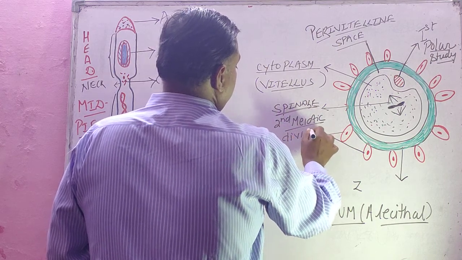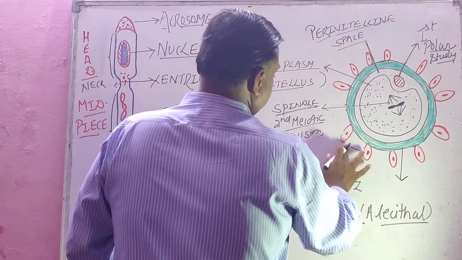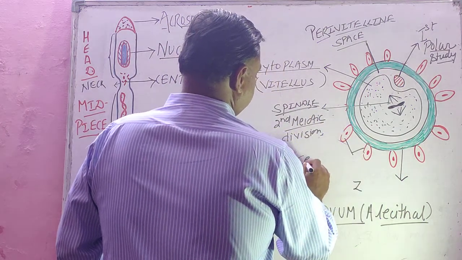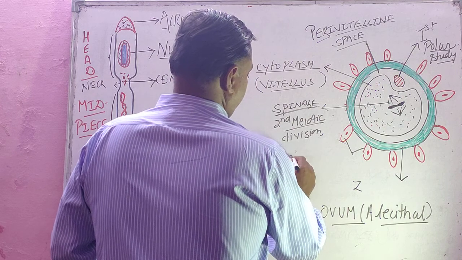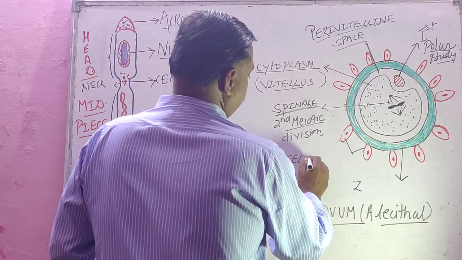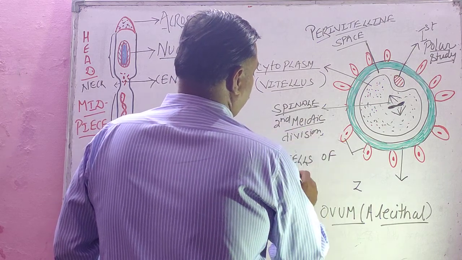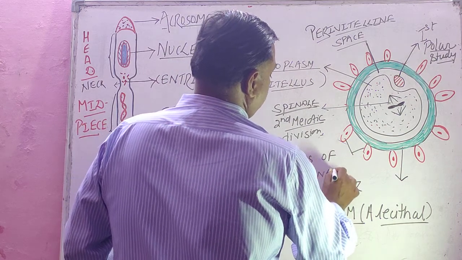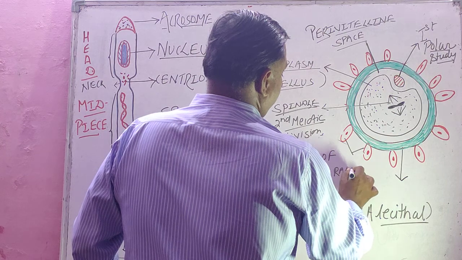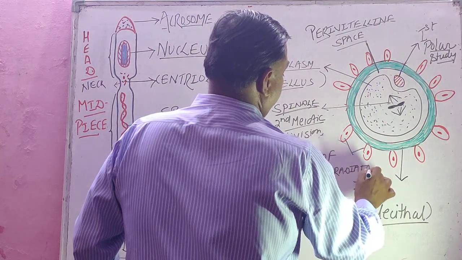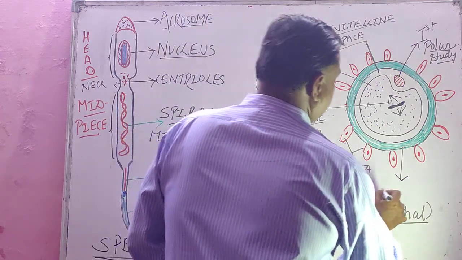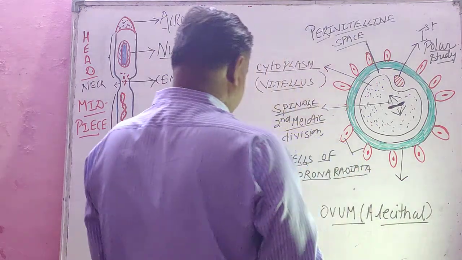Well, students, these are the cells of corona radiata. And this is a very important structure, students.